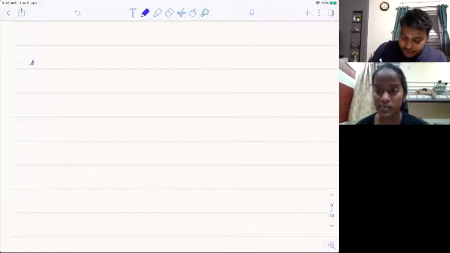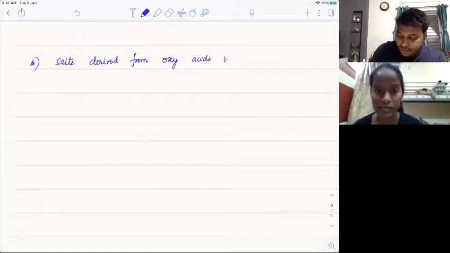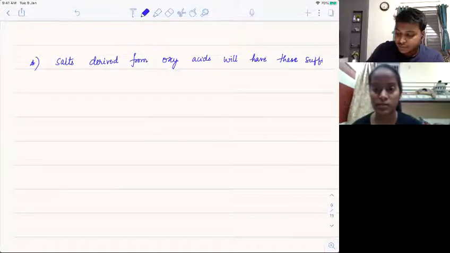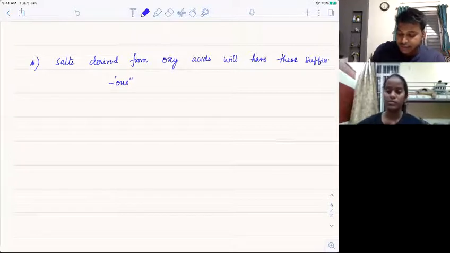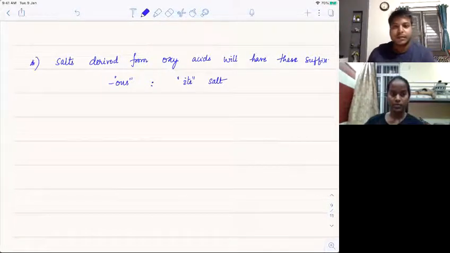Salts derived from oxyacids will have these suffixes. Any acid which ends with "us", we call it an "ite" salt. And any acid which ends with "ic", we call it an "ate" salt.